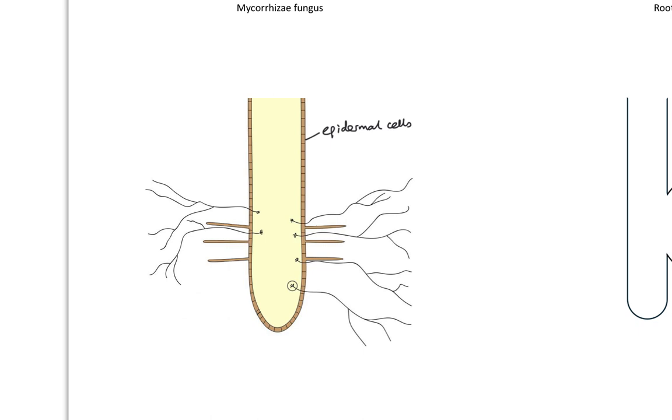So this here, I'm going to do it in blue so it doesn't clash with the black line. This is our hyphae, or mycorrhiza fungus, and they're called hyphae, like threads.